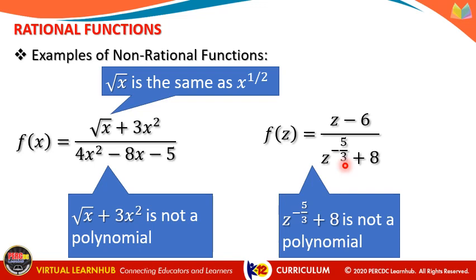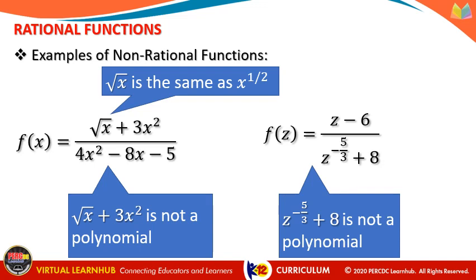For now, I hope clear sa atin na kung rational function siya, dapat kaya mong i-rewrite yung function mo na kung saan after simplifying or after expanding, whatever you do, sa bandang huli, makakarating ka sa ratio ng dalawang polynomials. If hindi mo nagawa iyon, then hindi rational function yung binigay sa atin.